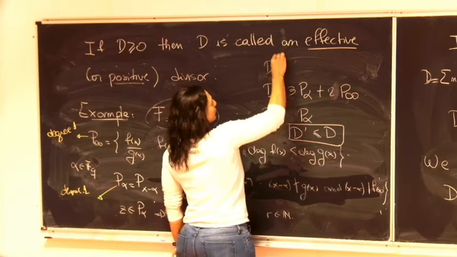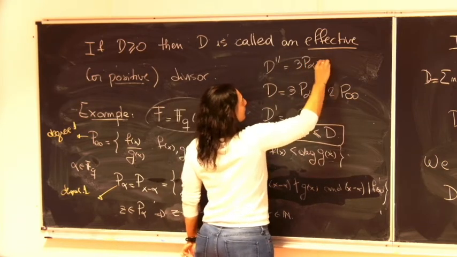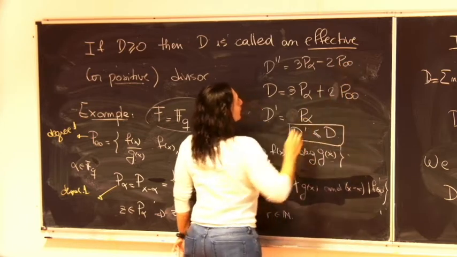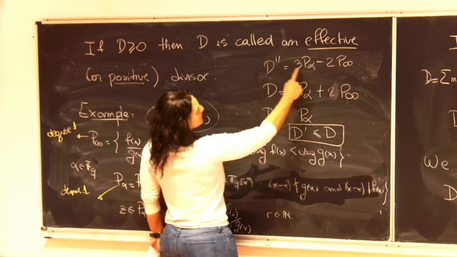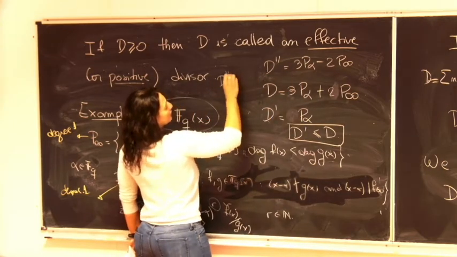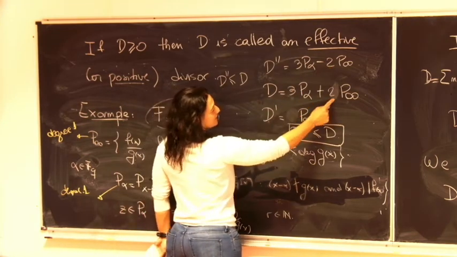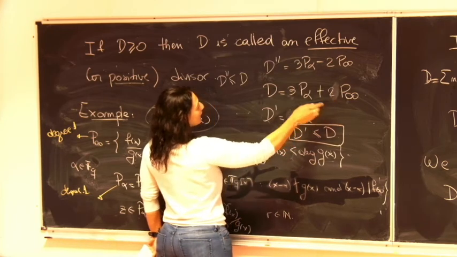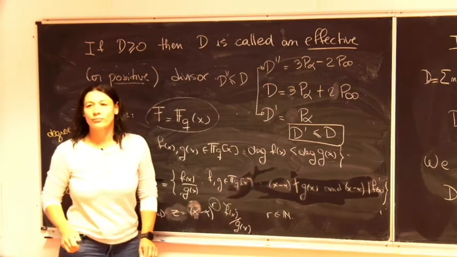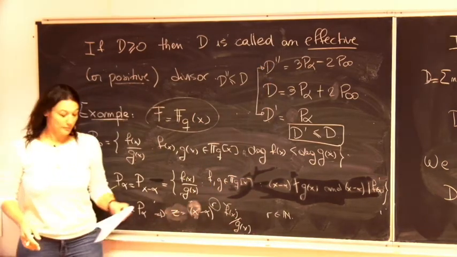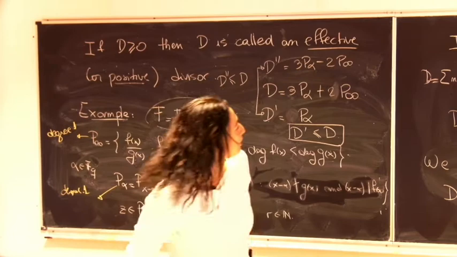But if I define D second as 3p alpha minus 2p alpha, then I can compare D second and D, because these two are the same, and this is less than this number. But I cannot compare these two divisors. Okay? And so we need something more.